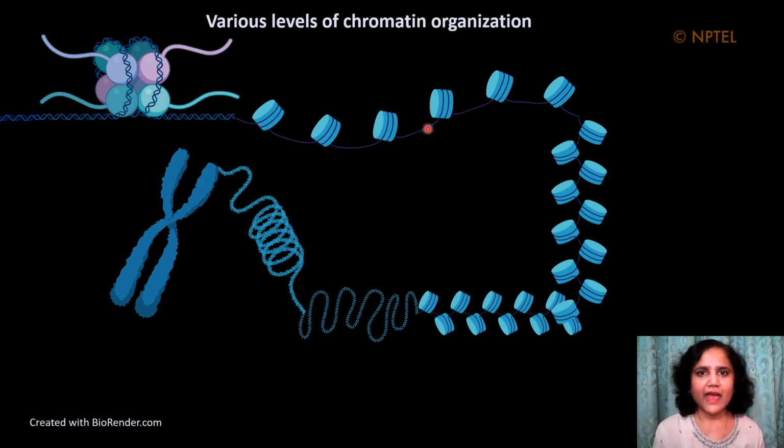Okay, and this linker DNA, I already told you, can vary in length from a few nucleotide pairs to up to 80. On average, the nucleosomes repeat at intervals of about 200 nucleotide pairs. That is the protected DNA of the nucleosome core plus the linker.